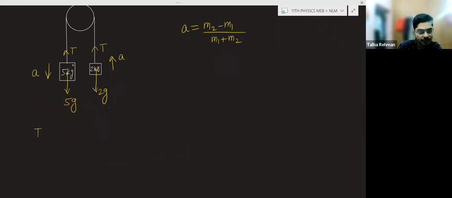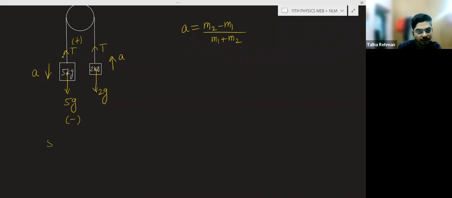Actually, this system is going in downward direction. So for the 5 kg mass, we will take this negative, we will take this positive.